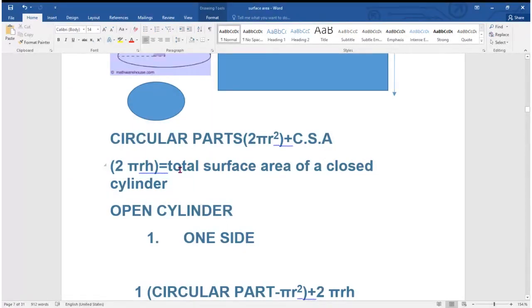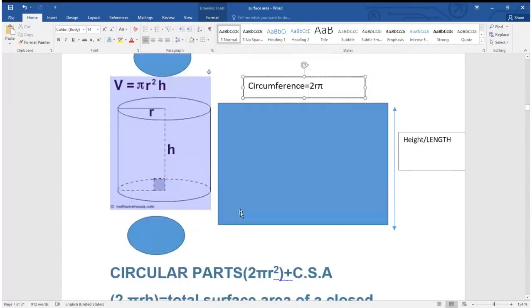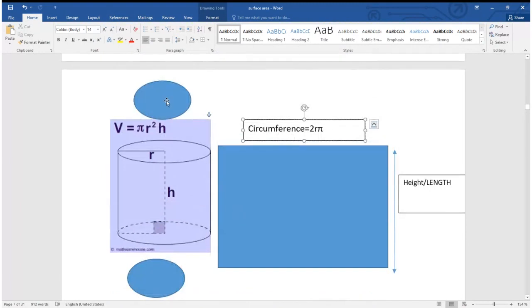Now the cylinder can also be open. It can be open on one side or open on both sides. If it is open on one side, it means the top is missing, like a water drum that might not have the top part where you pour your water.